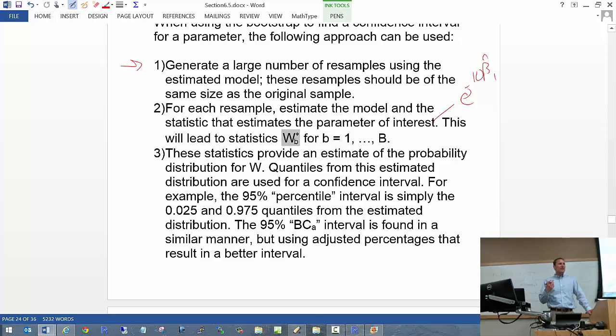Then again, these statistics give you an estimate of a probability distribution for what you're after. And so what you could do, for example, to find a 95% percentile bootstrap interval, is to take the 0.025 and 0.975 observed quantiles from those 2,000 e^(-10 beta hat 1) values.